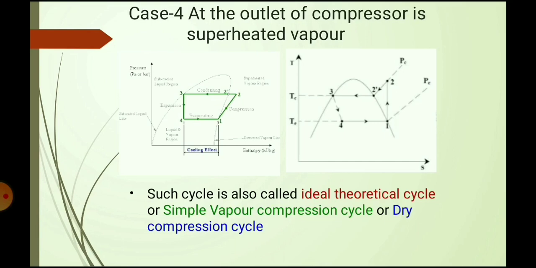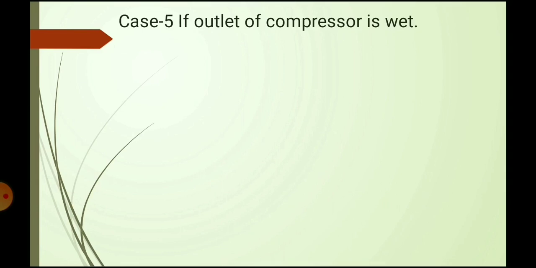Well, such a cycle is said to be the ideal theoretical cycle, or simple vapor compression cycle, or dry compression cycle. And the next one, that is the 5th one, is if the outlet of compression is wet.